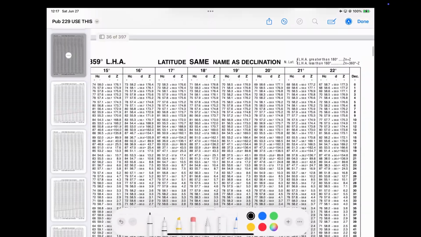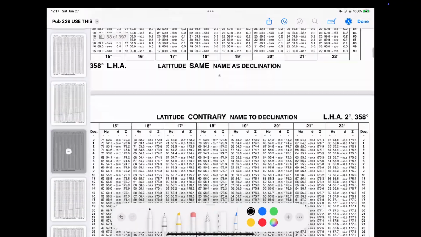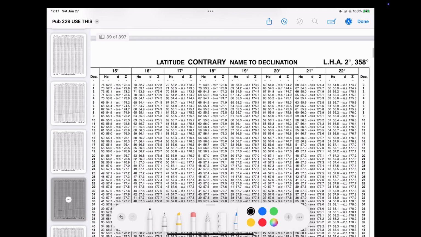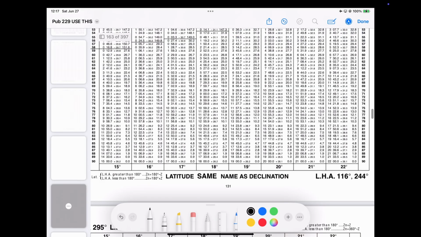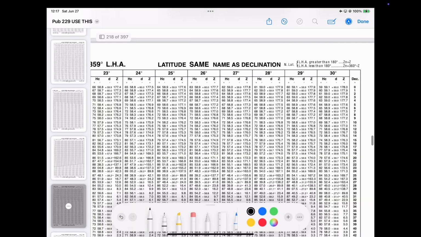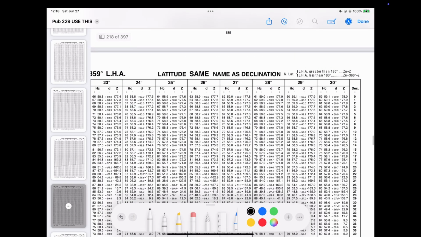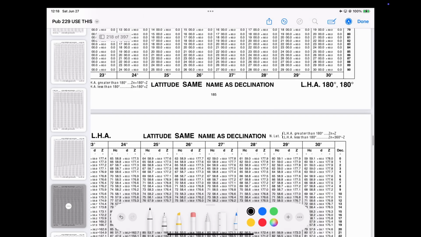Well, we're on the wrong half of the book. The first half of the book is for latitudes 15 degrees to 22, so just be cognizant of that. We're going to go to our side of the book where we're needed, and as you can see, it's changed.